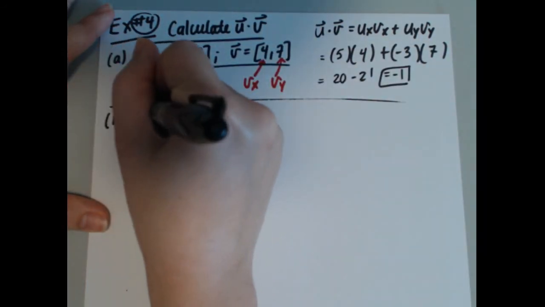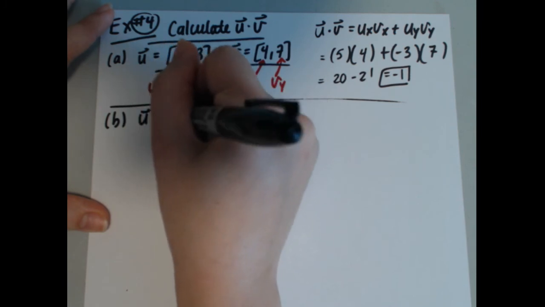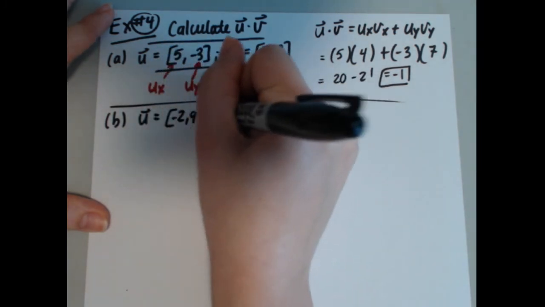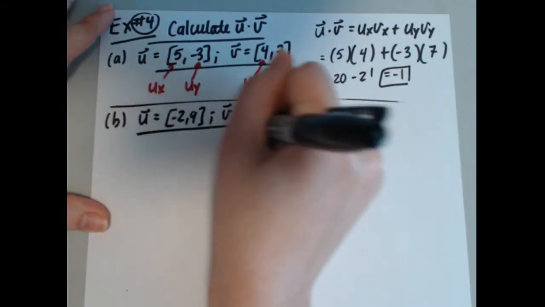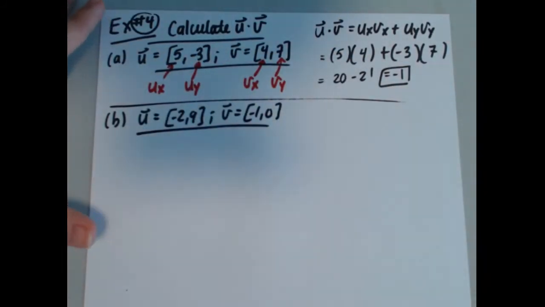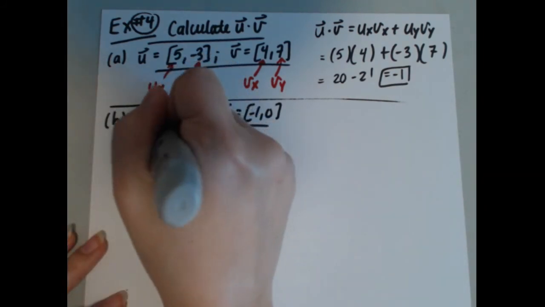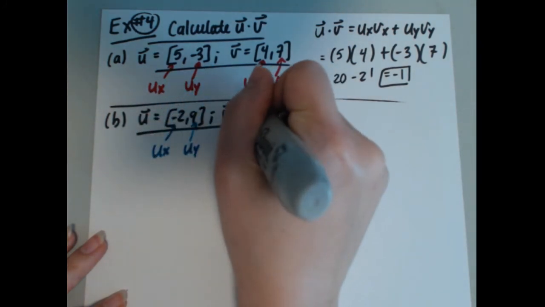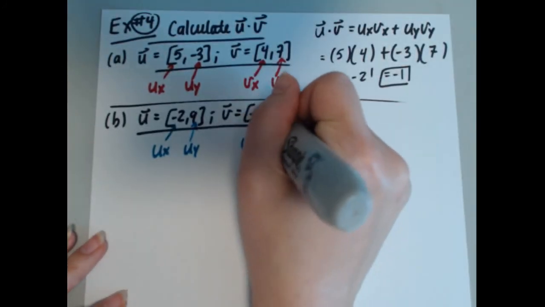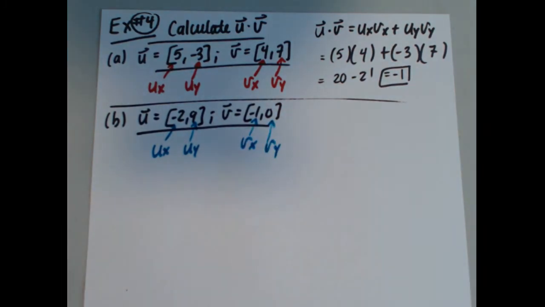B, u is equal to negative 2, 9, and v is equal to negative 1, 0. This is just like the previous problem. So we're going to identify our ux, uy, vx, vy values. There's ux, there's uy, vx, vy.